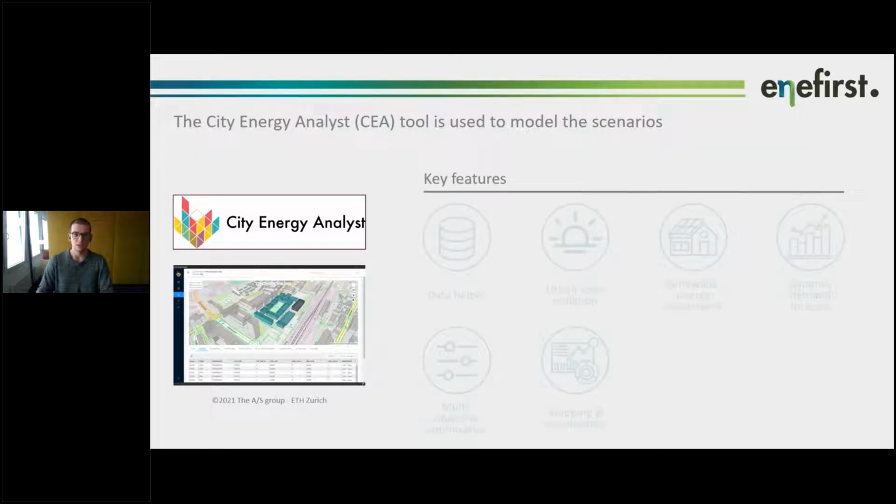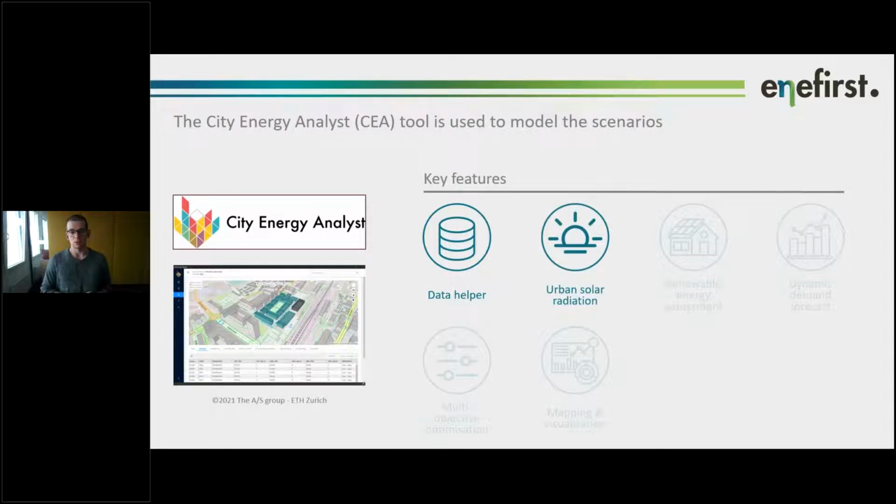More specifically, here are a couple of key features of the model. First of all, there's a data helper. This contains the georeference information of buildings and their surroundings. This data is gathered from OpenStreetMaps, and it includes building properties such as the footprint area, the height, the year of construction, and more.